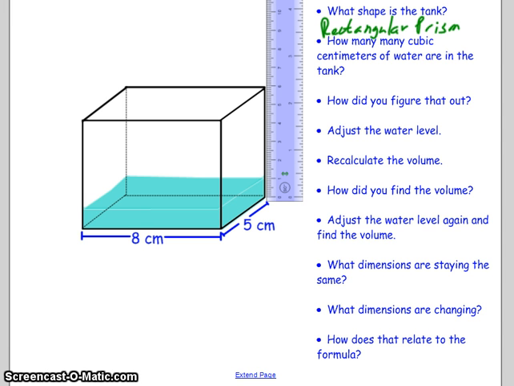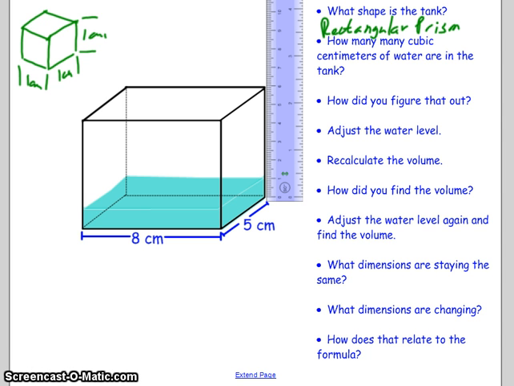Okay, a cubic centimeter is a cube that is 1 centimeter in distance on each side, including the height of the cube. So the length is 1 centimeter, the width is 1 centimeter, the height is 1 centimeter.